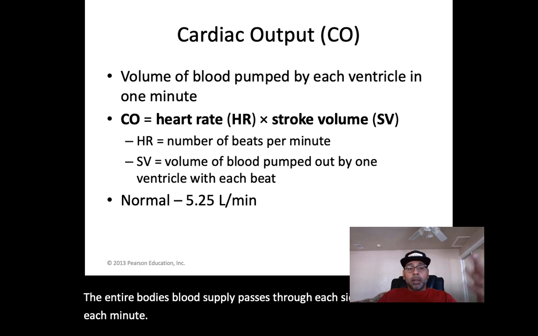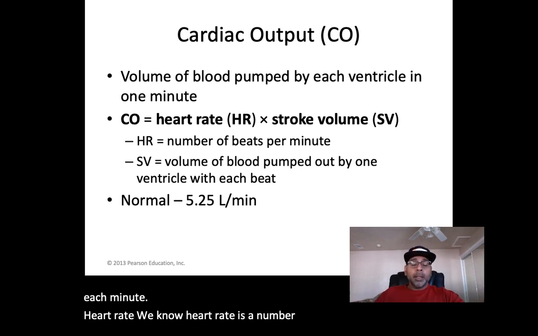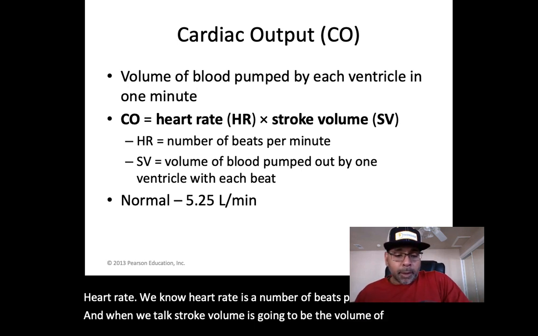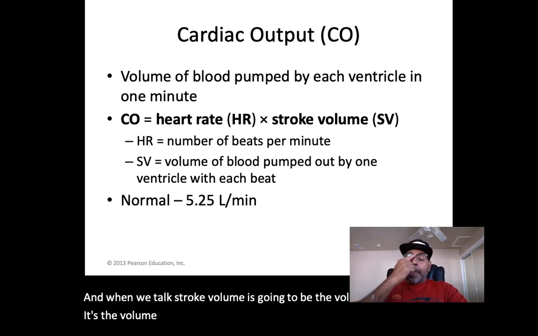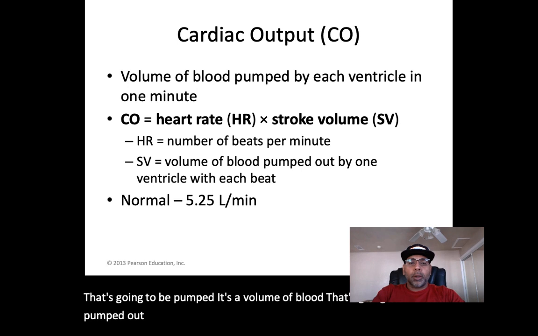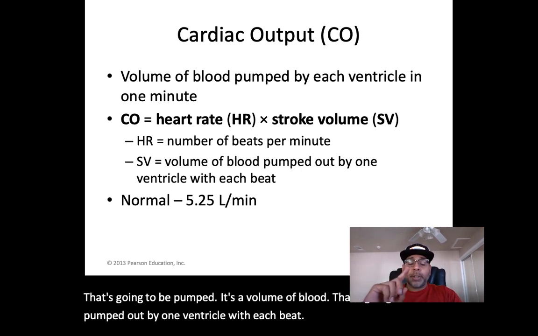Heart rate, we know, is the number of beats per minute. And when we talk stroke volume, it's the volume of blood that's going to be pumped out by one ventricle with each beat.